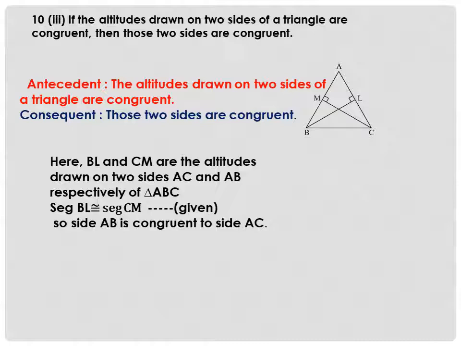Then if you draw the diagram, in triangle ABC, BL and CM are altitudes drawn on the sides AC and AB respectively. They gave us that the altitudes are congruent, that is here you get BL congruent to CM, and what we want to prove is that side AB is congruent to side AC, means those two sides are congruent.